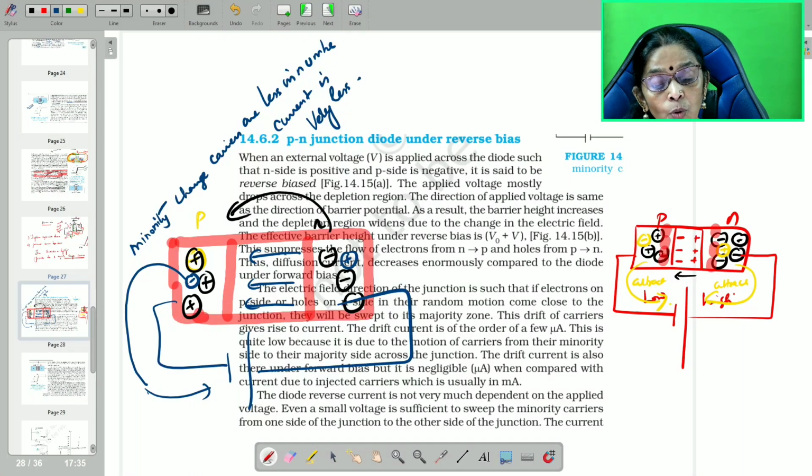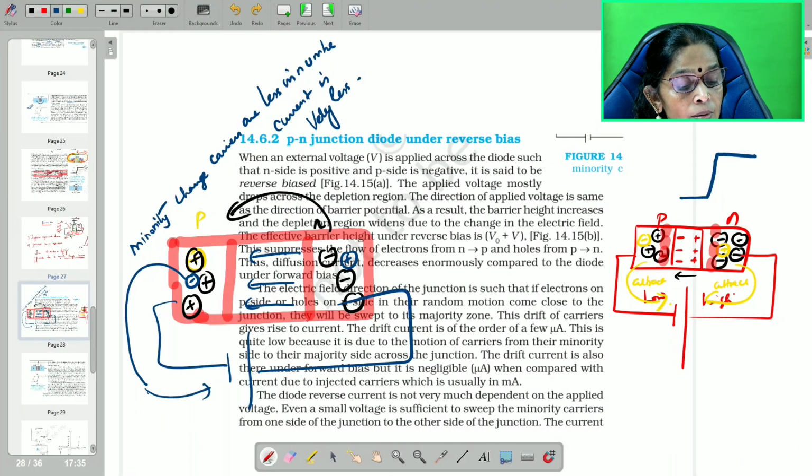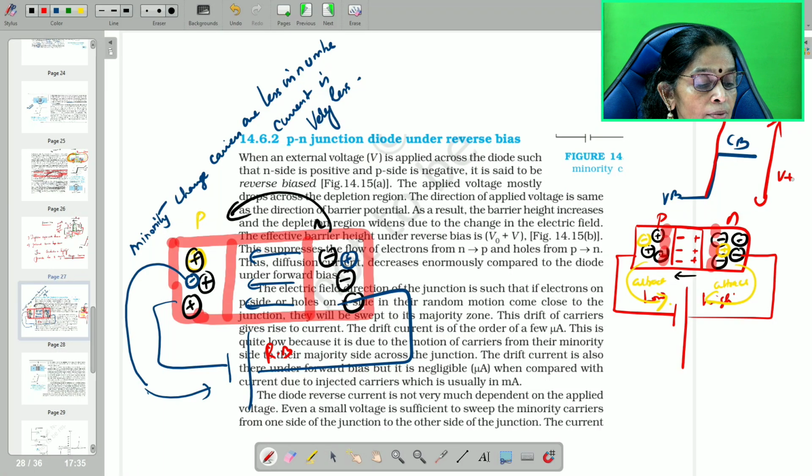So what is happening to the barrier height? Earlier the barrier height was like this. This is the valence band, this is the conduction band. As you give an external reverse bias, what happened to the barrier height? It still more increases, V plus VB.